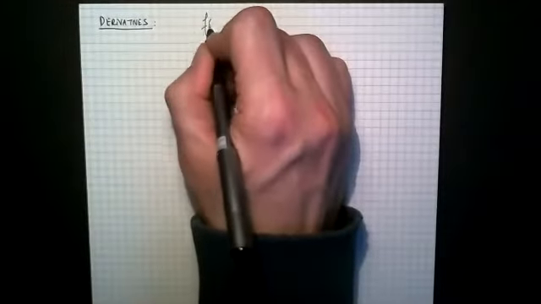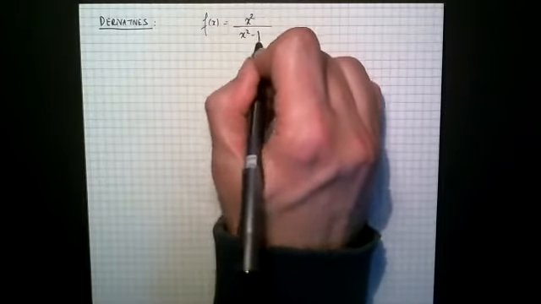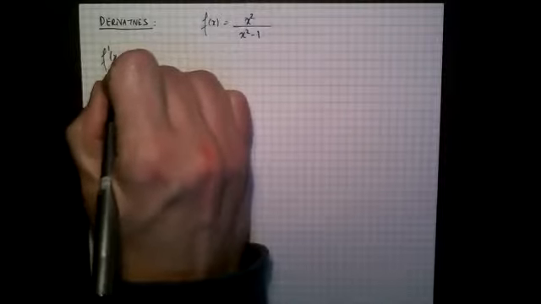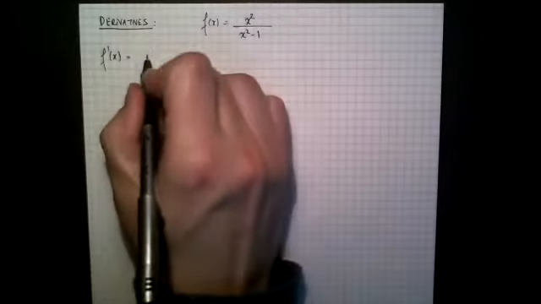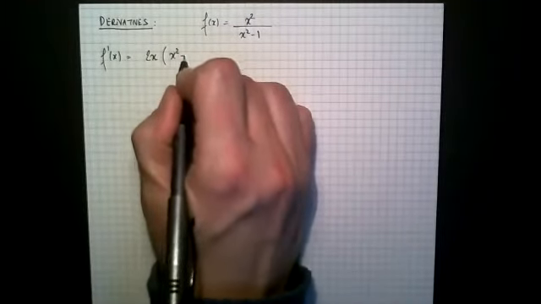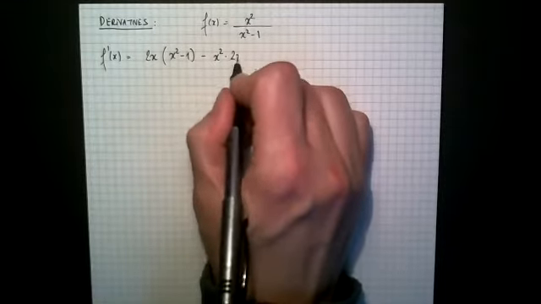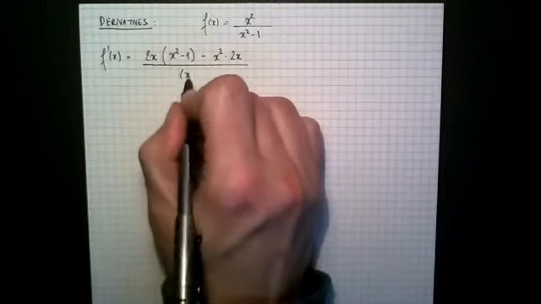So let's remember that f of x is x squared over x squared minus 1. So let's find f prime. Okay, so I'm going to do the quotient rule right away. So 2x, derivative of top times bottom, minus the top times the derivative of the bottom, and all this over the bottom squared.